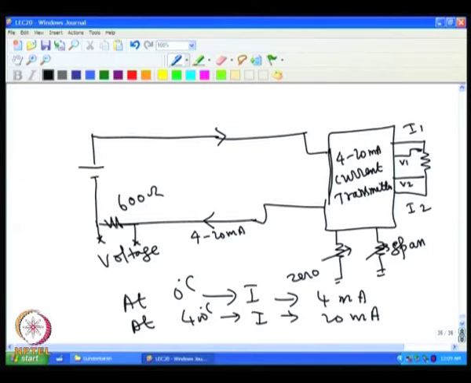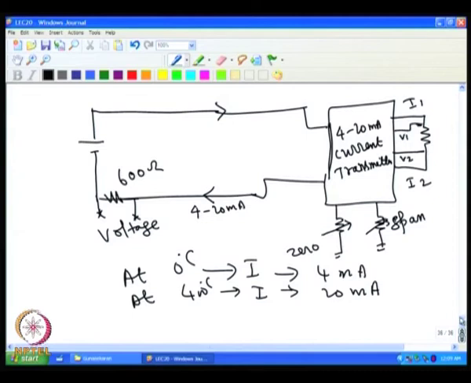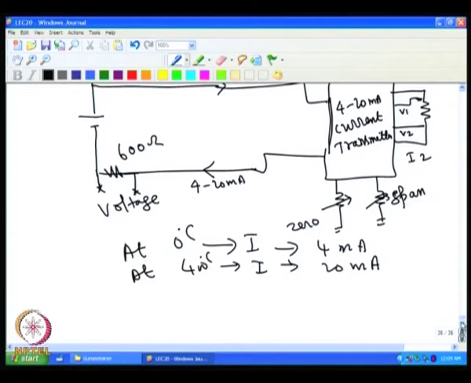So, 4 milliampere at 0 degree C of the PRT, 20 milliampere at 400 degree C of the PRT. Corresponding to that we will have a voltage: at 4 milliampere, we will have 600 ohm into 4 milliampere, 2.4 volt. So, at 0 degree C we will have 600 into 4 milliampere, 2.4 volt.